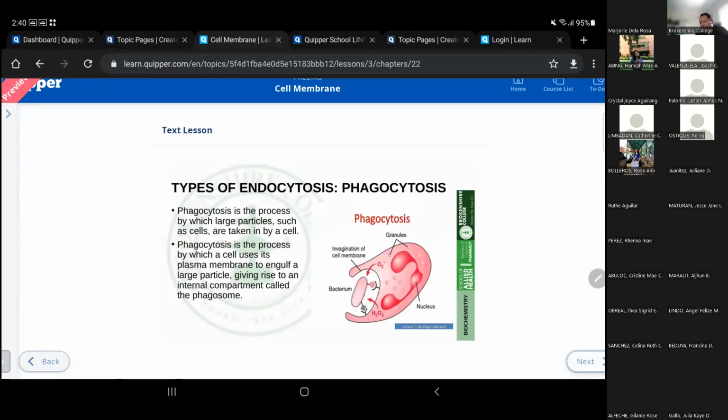Phagocytosis is the process by which large particles such as cells are taken in by a cell. Phagocytosis is the process by which the cell uses its plasma membrane to engulf a large particle, giving rise to an internal compartment called the phagosome. Okay? So the end product there is phagosome, no?